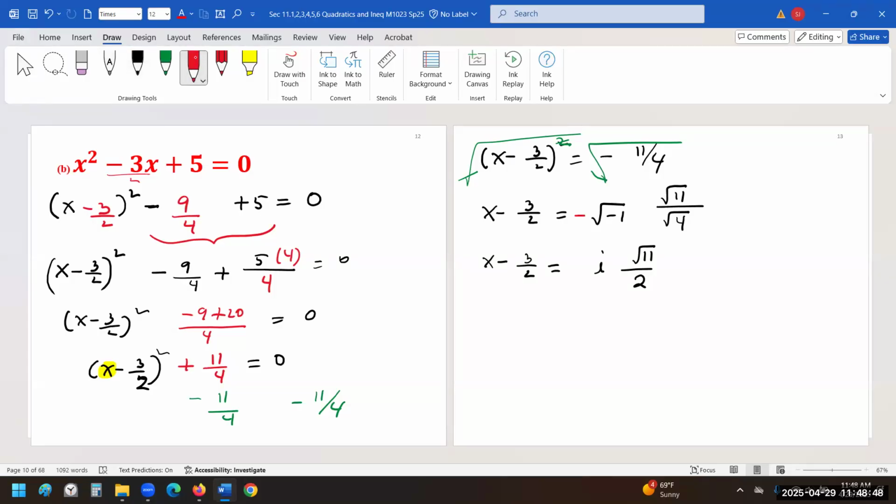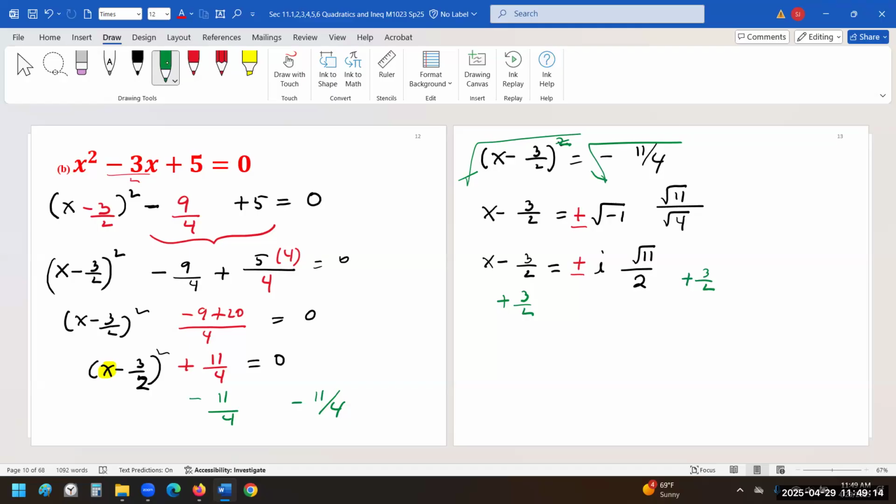And we cannot forget about the plus minus sign. Anytime you take the square root of a variable, we always have 2 choices. And then the last thing we don't want is the 3/2, so we add the 3/2 to both sides.